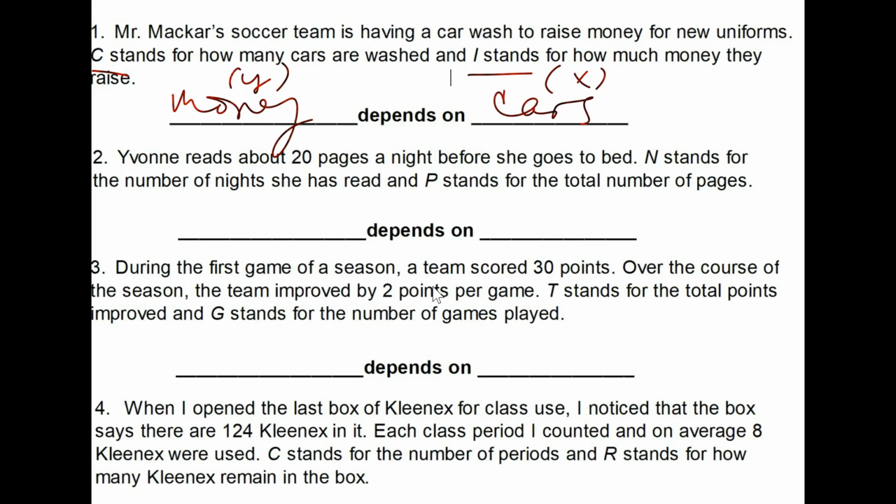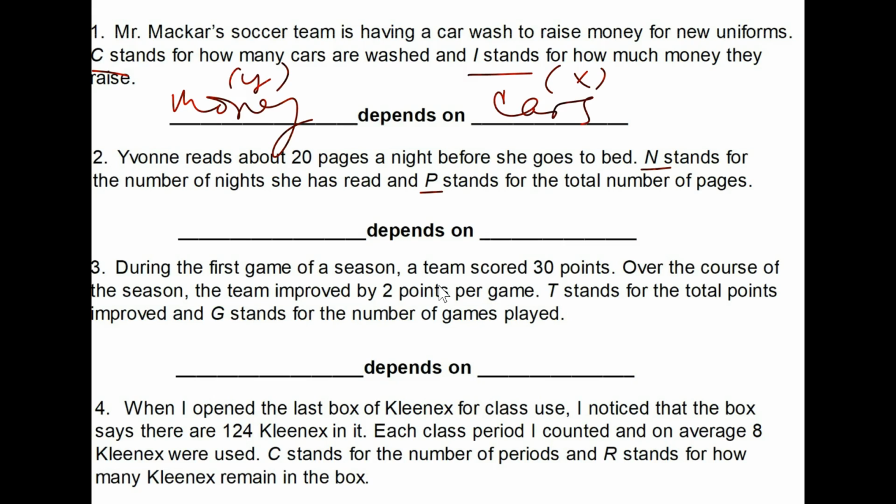Yvonne reads about 20 pages a night before she goes to bed. N stands for the number of nights she has read, and P stands for the number of pages. Okay, so what depends on what? Does N depend on P, or does P depend on N?